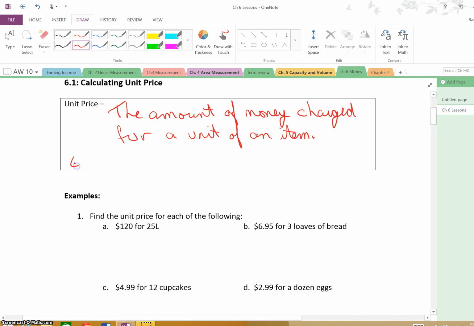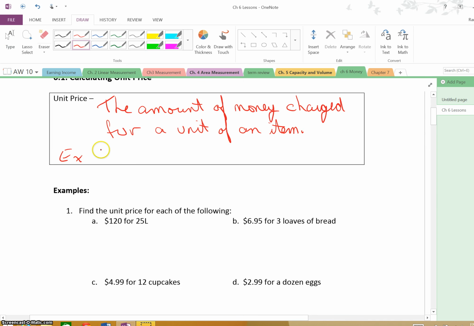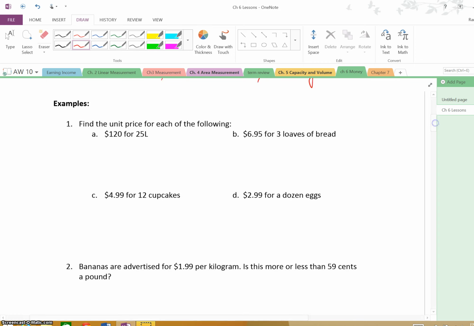For example, it might be the cost per milliliter, or the cost per dozen, or the cost per gallon. So it's all different kinds of units that we could be using, and that's what we have to pay attention to. We're going to take a look at some of these ones.